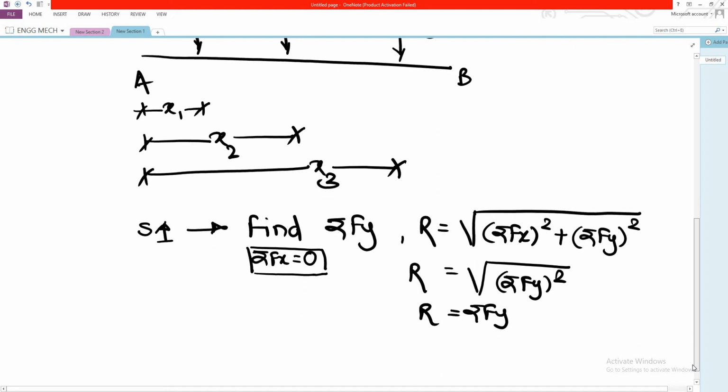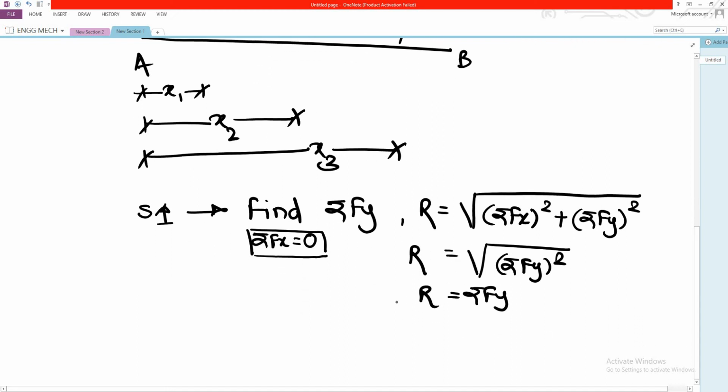Regarding the direction of resultant, if the value of summation Fy is positive, then the resultant is in the upward direction. If the value of summation Fy is negative, then the resultant is downward. Minus means downward, plus means upward.